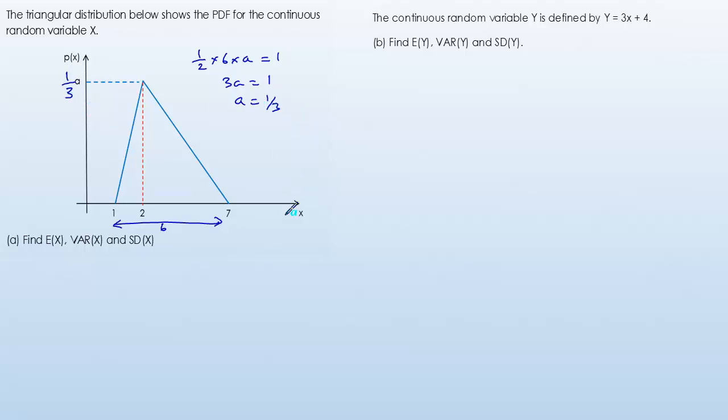So that might come in useful. And then we've got to work out the equations of these two lines. So if we look at this first one, we can see the height is 1/3, this is 1, and therefore the gradient of this one is 1/3. So y is equal to 1/3 x plus c.